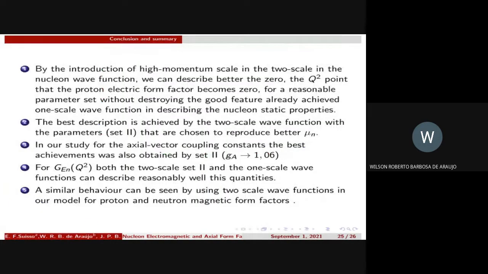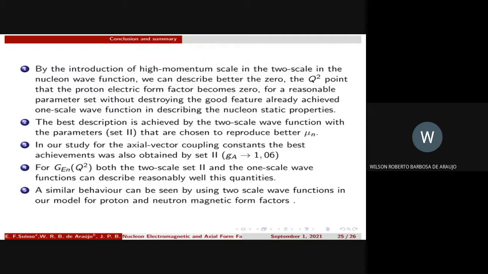Finally, I'm going to show some conclusions of our work. By introducing a high momentum scale in the two-scale wave function, we can better describe the ratio between proton electric and proton magnetic form factors without destroying the good description of the nucleon static properties obtained by the one-scale wave function.